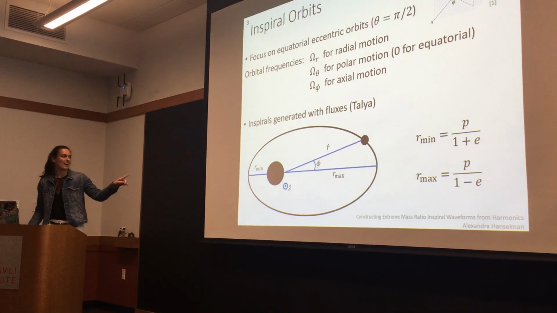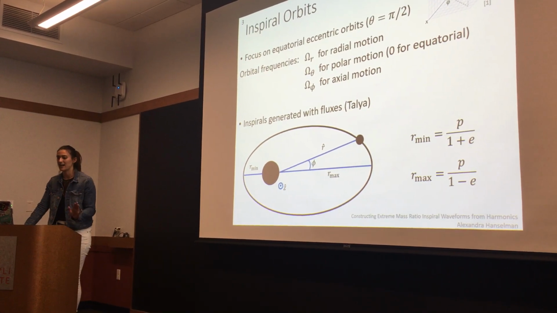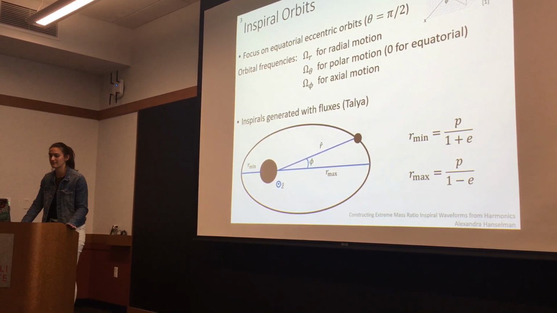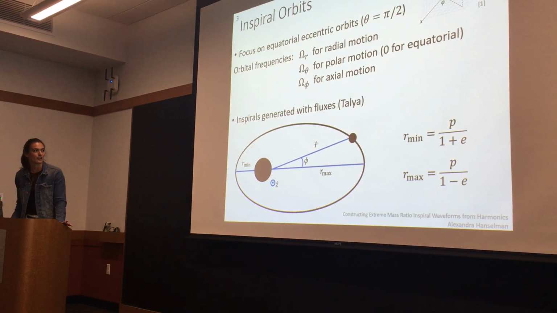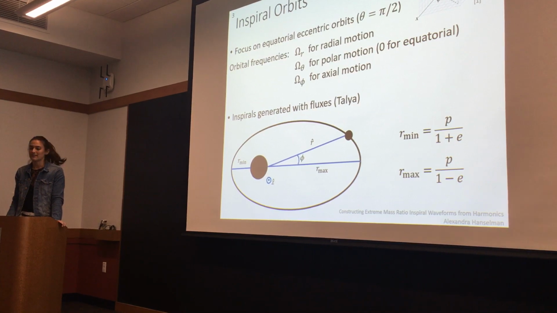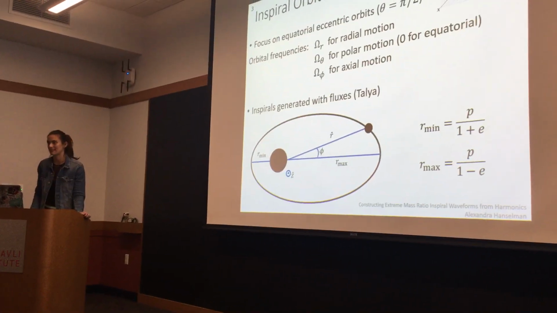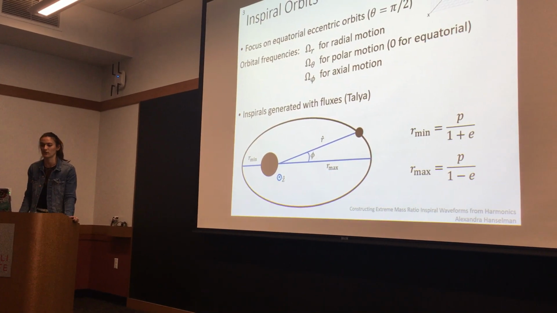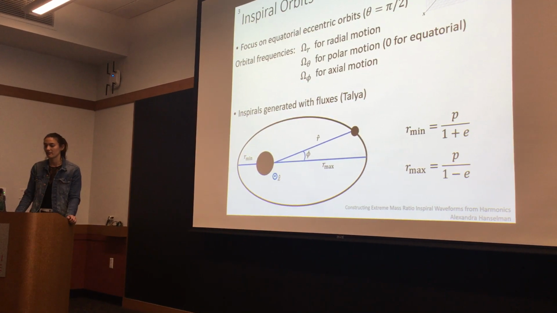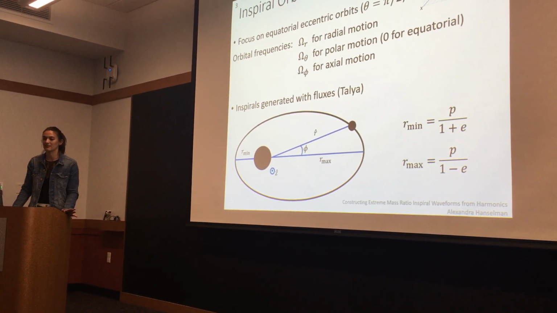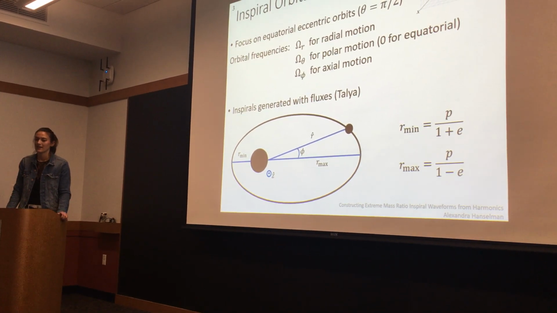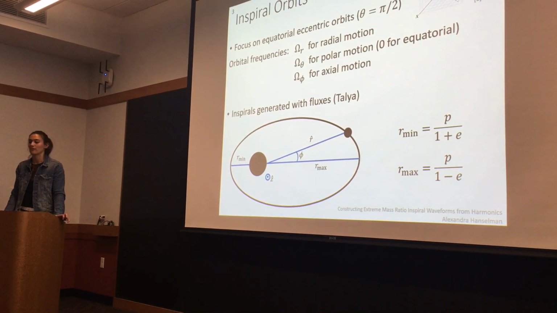And then this graph right here is a top-down view of the z-plane. So this is just in the equatorial plane. And we see that there are 3 orbital frequencies that contribute to the gravitational waveforms. There's omega r for radial motion, omega theta for polar motion, but this is going to be 0 for equatorial plane, and omega phi for axial motion.